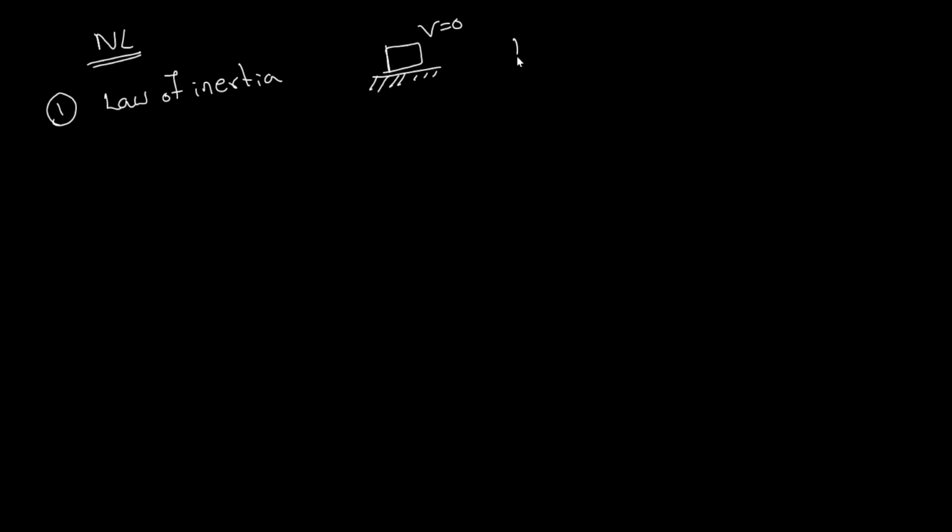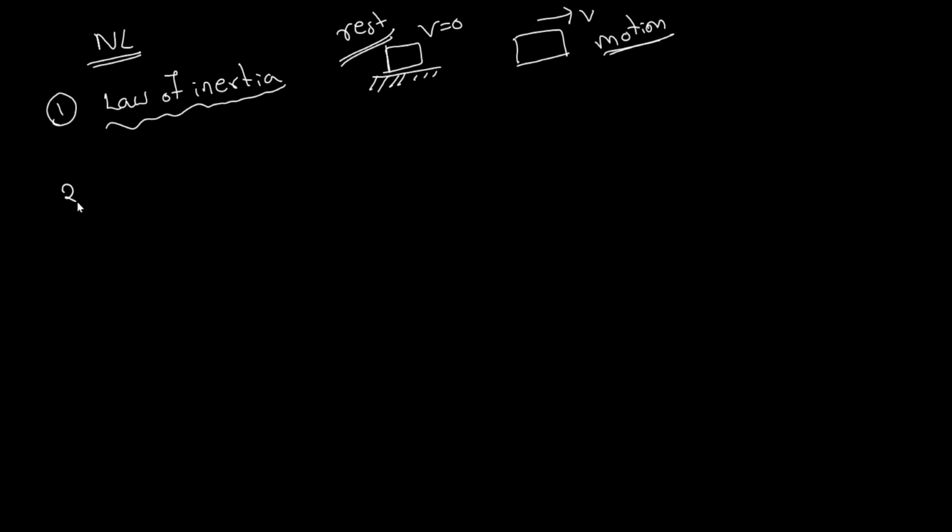If the object is moving with some velocity v in uniform motion, then the object will also try to stay in that uniform motion. That is called the law of inertia. We have discussed in the last video what inertia is. Inertia is nothing but the resistance to changes. Since the object is at rest, it will try to be at rest. If the object is in motion, it will try to be in motion itself.